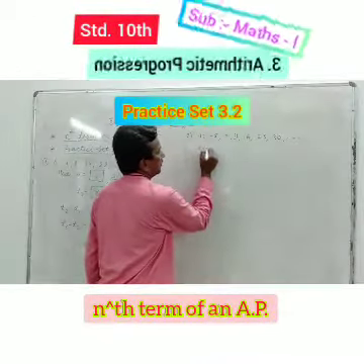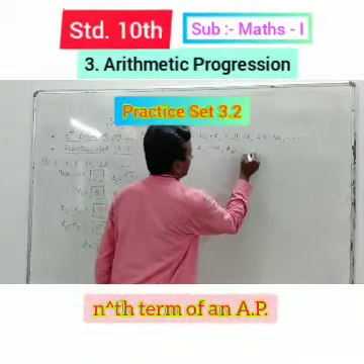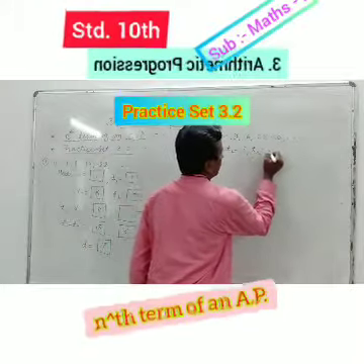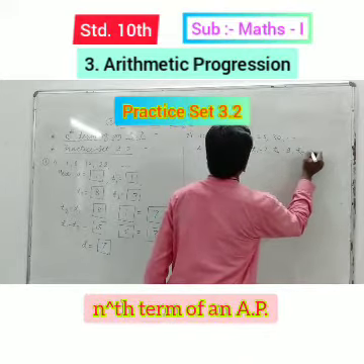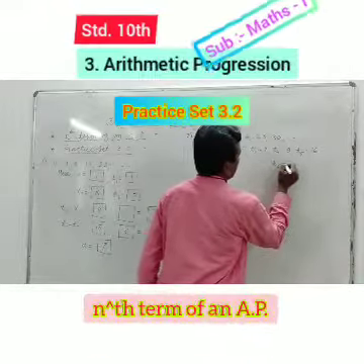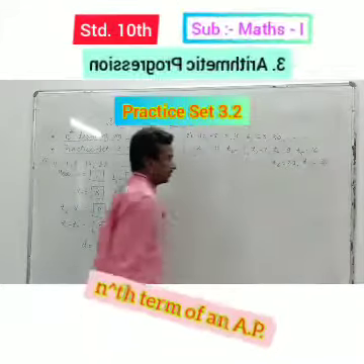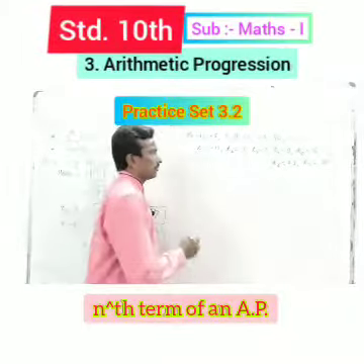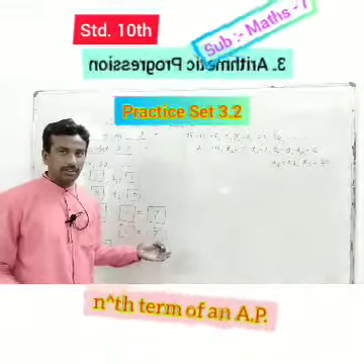We know the first term, T1 is minus 12, T2 is minus 5, T3 is 2, T4 is 9, T5 is 16, T6 is 23 and T7 is 30. Now we have to find out whether the given sequence is an AP or not.